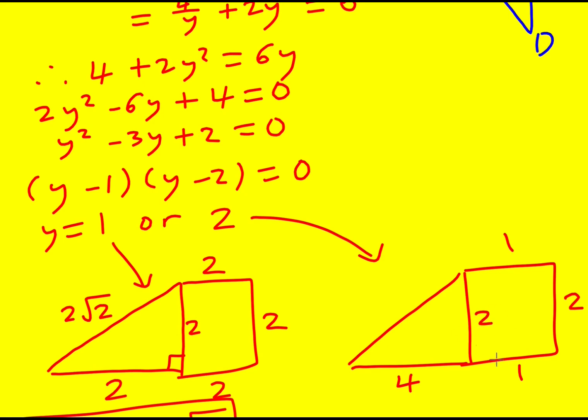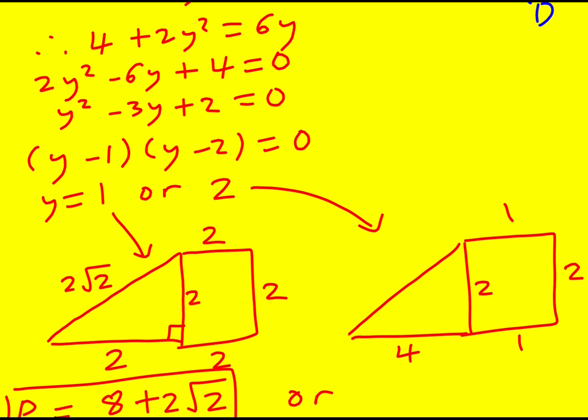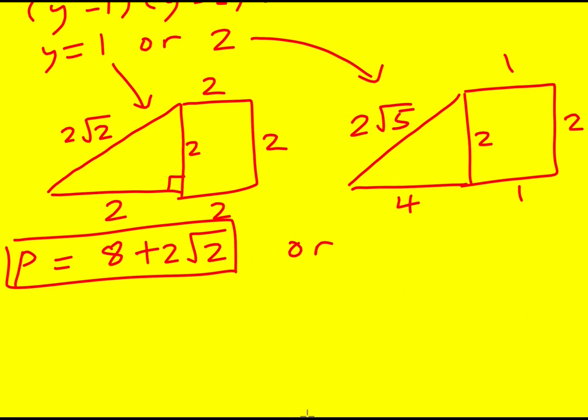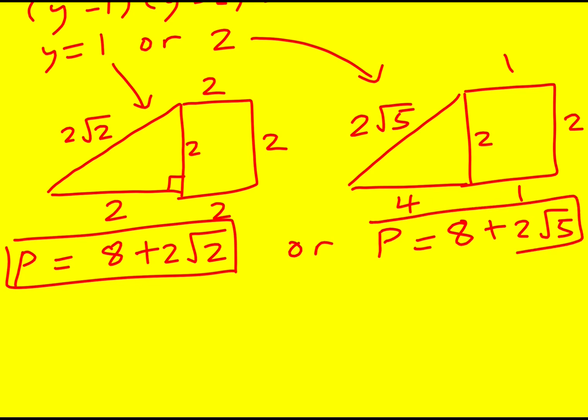So I'm going to do 2 squared plus 4 squared, that's 20, square root of 20, which is actually 2 root 5. It's always good to simplify surds. If you leave it as root 20, that should be okay, but it's good to simplify. And then we add it up, we're going to get 8 again, but 2 root 5, so slightly larger perimeter.